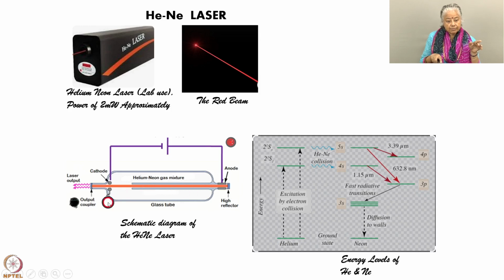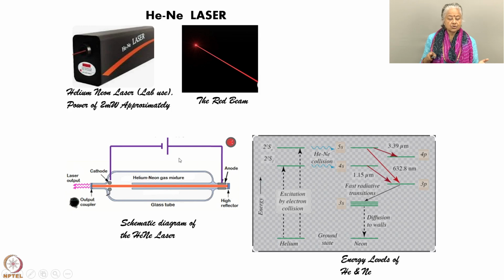But in this case, because you need some part of that light to come out to be useful, you make the reflectivity say around 99% or 98%, depending on the amount of laser output that you require. So that part of the light comes out, and the rest of it travels back and forth between these two mirrors.